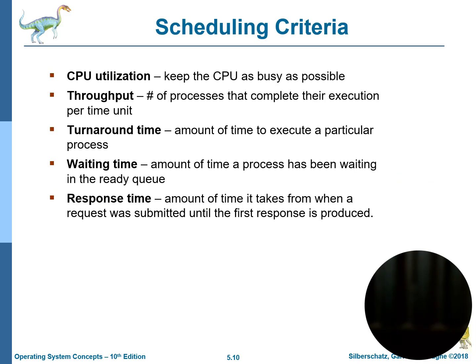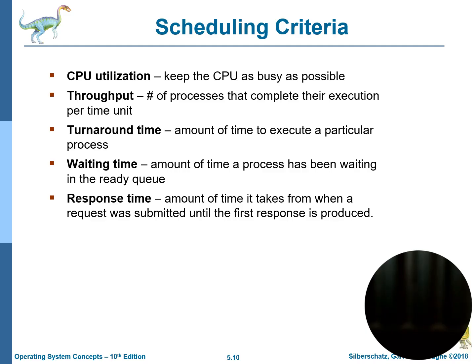So scheduling criteria: what do we consider when we are scheduling processes in the queue? We think of CPU utilization. We want to keep the CPU as busy as possible to increase throughput, the amount of work that the CPU will do.